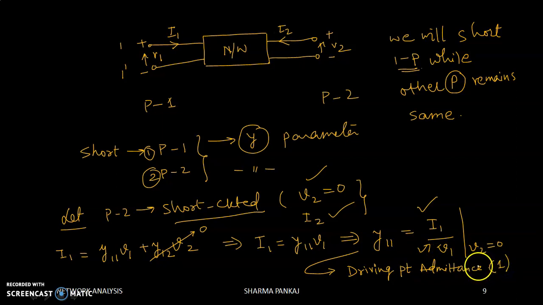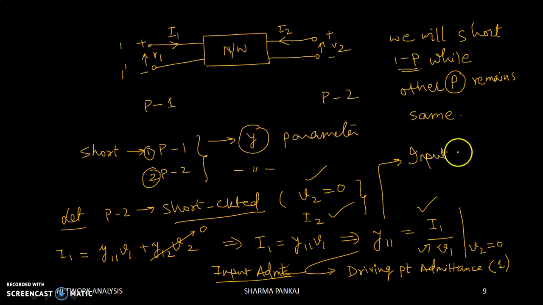This is also called input admittance. Please make a note. This is also called input admittance. I'm going to write it in full form so that you may see it very clearly. Input admittance.